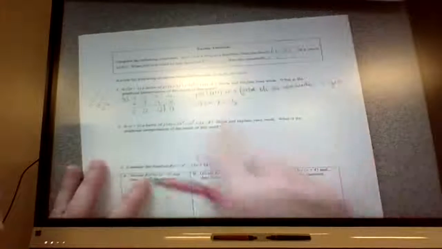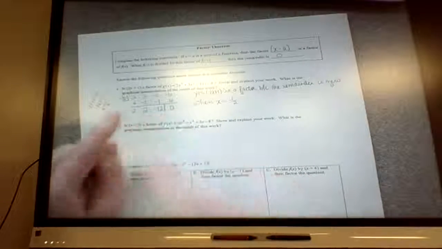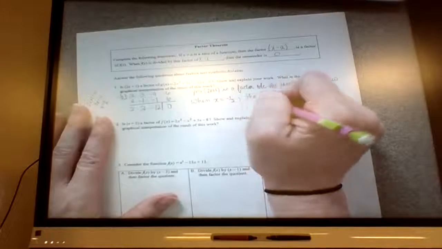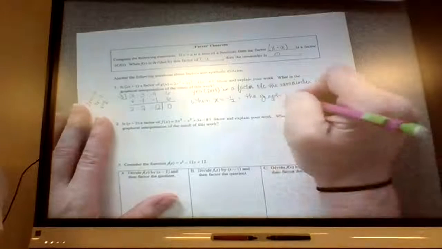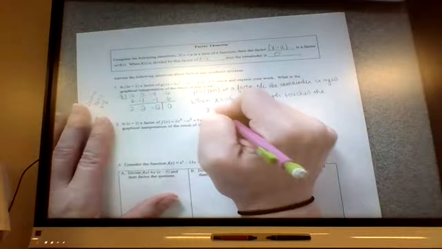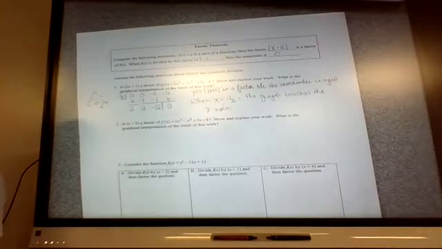Yes. That means if this is 0, that means when x equals negative 1/2, the graph touches the x-axis. Remember factors and zeros. Remember how they're related. And a 0 is where it touches the x-axis.